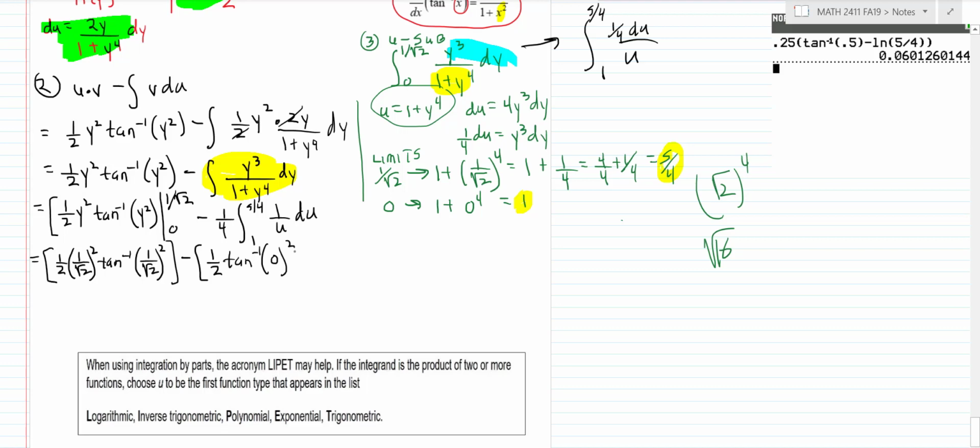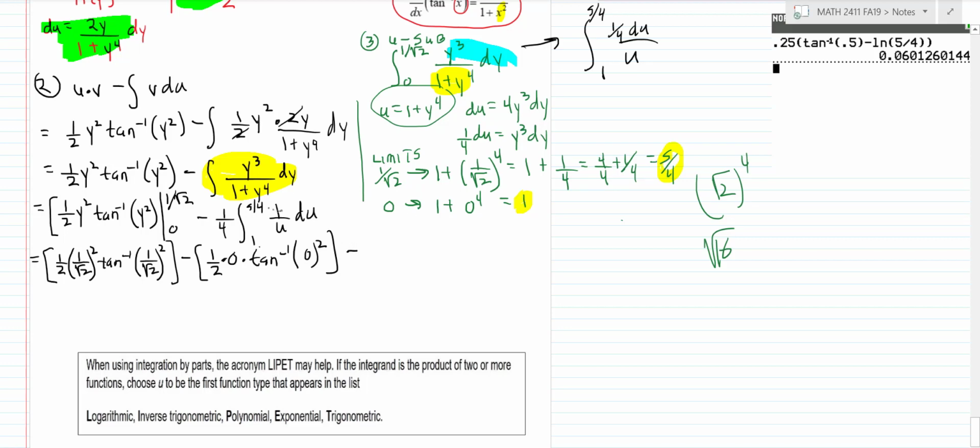Okay, like that. And let's see, I think I forgot to put my y in, so I've got to correct that. Okay, so the y goes in there, the 0 goes in there, so it's 1/2 times 0 times inverse tangent of 0 to the second. And that's nice because that'll cross that whole thing out then.